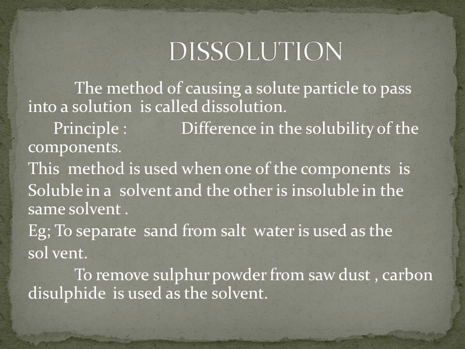Sulfur dissolves in carbon disulfide but sawdust does not. So, dissolution is used to separate the components of a mixture, and the principle used is difference in the solubility of the components. One of the components is soluble in a solvent and the other is insoluble in the same solvent.